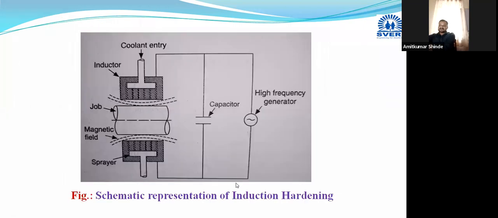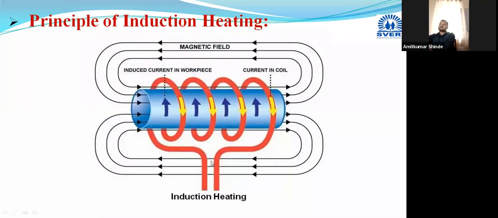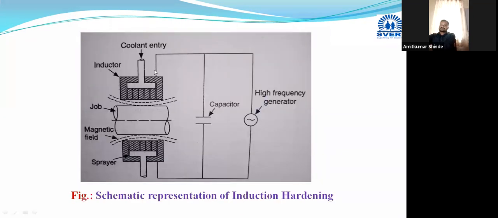Okay, I will explain the principle again with the help of this diagram. This is the workpiece, the principle of induction heating. Around this workpiece, this induction coil is wrapped. Through this coil, here also you can see the high frequency generator.